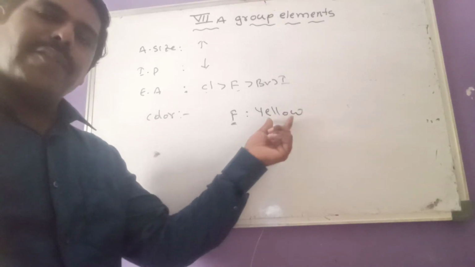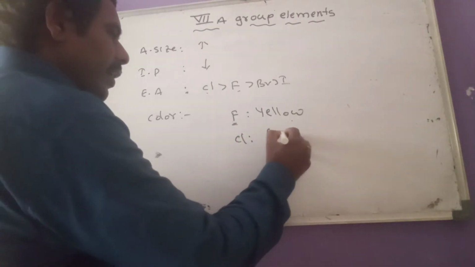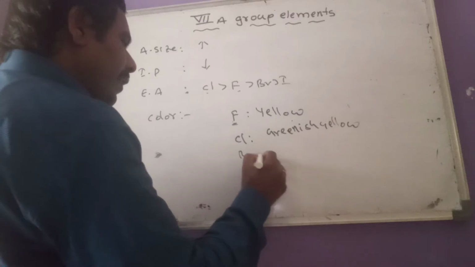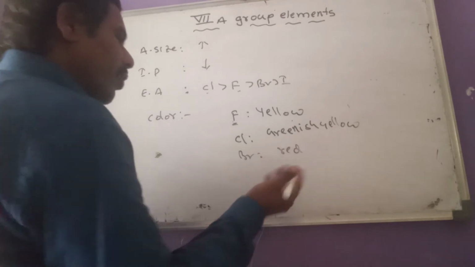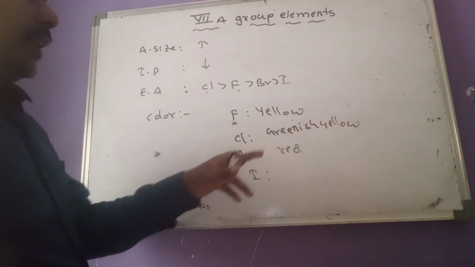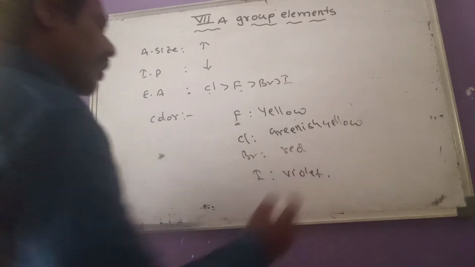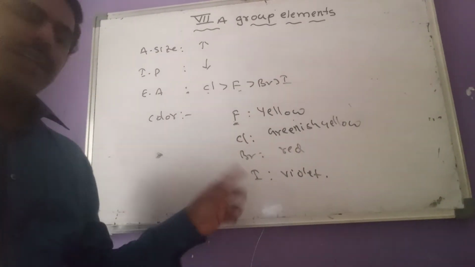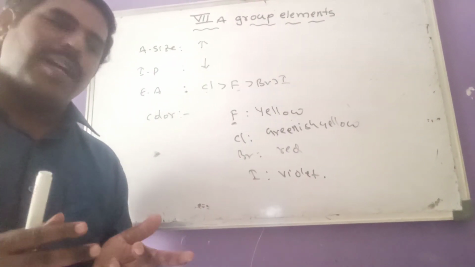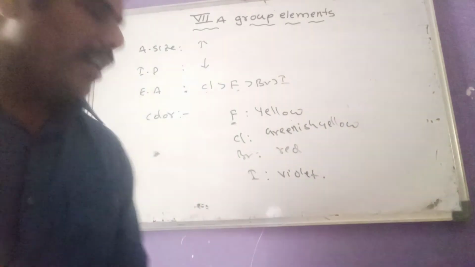So it appears in yellow color. And chlorine has greenish yellow color. And next bromine has reddish brown color, or you can take it as red color. And iodine absorbs least energetic yellow color, but it appears violet. So due to larger atomic size, iodine absorbs less energetic yellow color, and it appears violet. So these are the colors of the halogens.